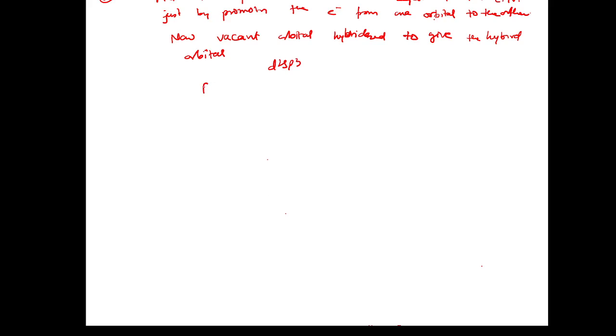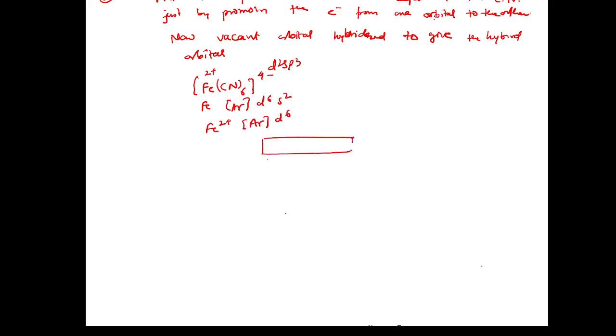I will take an example like Fe(CN)6 4 minus. So we have Fe here, Fe in 2 plus. Iron is argon 3d6 4s2, so Fe2 plus will be argon 3d6. Now we have d6, so it's like this: first 5 electrons, then the 6th electron will come.